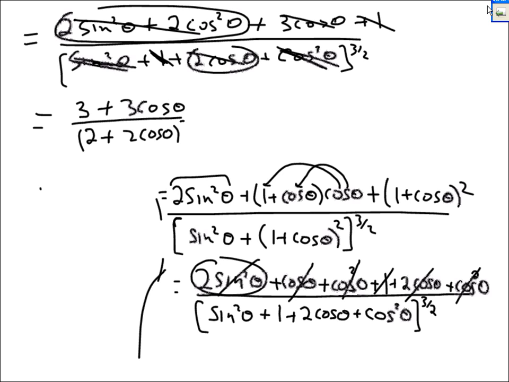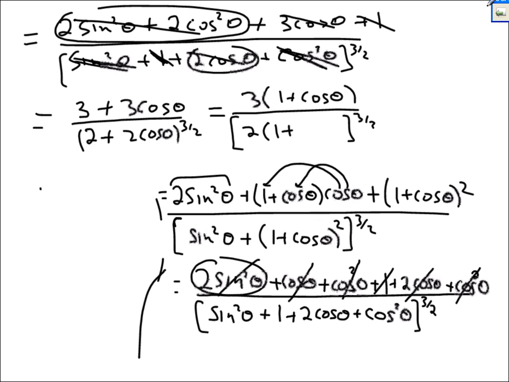Of course, that gets raised to the 3/2 power. In the numerator, I can factor out a 3. I get 1 plus cosine of theta, which happens to be r. And in the bottom, yes, it's all raised to the 3/2, but I can factor out a 2: 2 times 1 plus cosine theta.